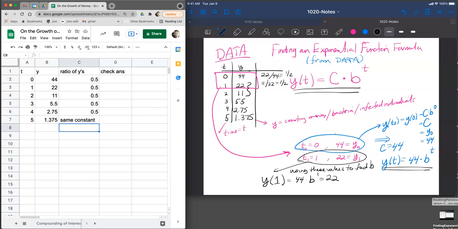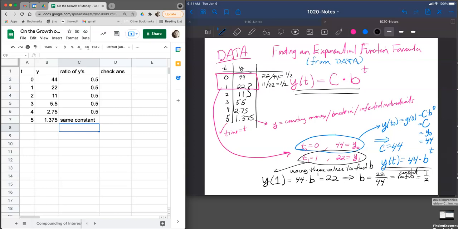B to the first is b, so we don't have to do anything except solve for b by dividing the two values. 22 over 44 was the constant ratio we found at the beginning of the problem, and that's equal to a half.